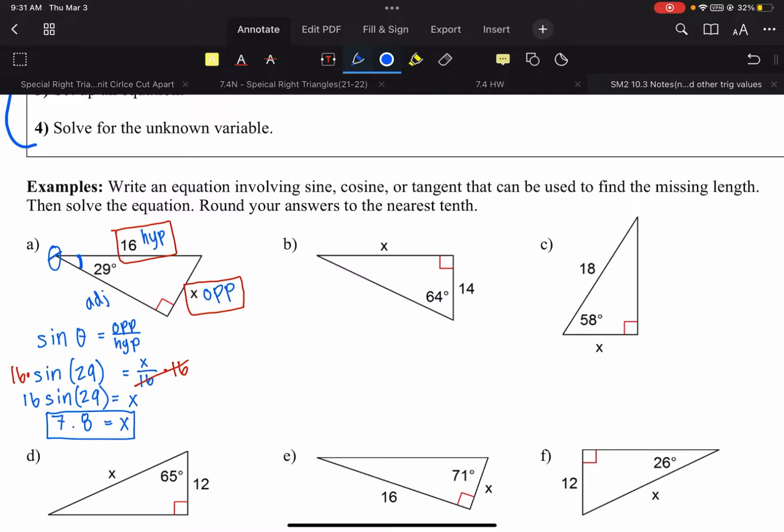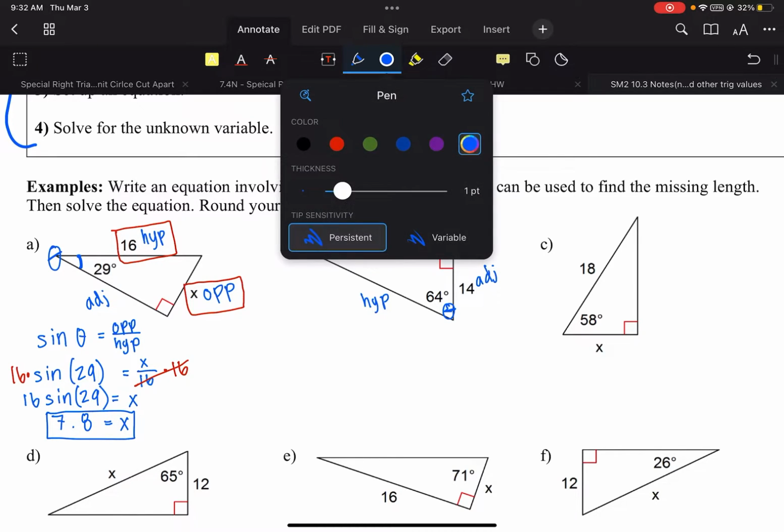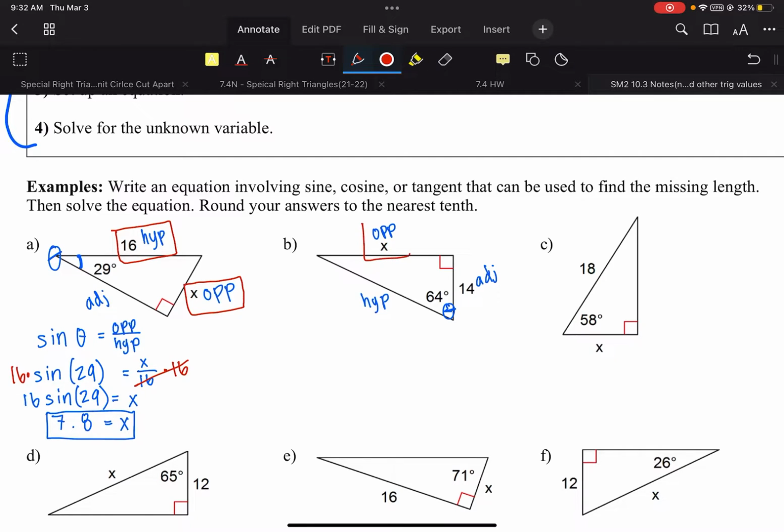Let's do another one. If I look at B, the first thing I'm going to do is put my theta wherever the angle is, and then label my sides. I have the hypotenuse, the opposite, and the adjacent. Then you think about the sides that you know. I don't know my opposite, but I want to know the opposite. And I know the adjacent.